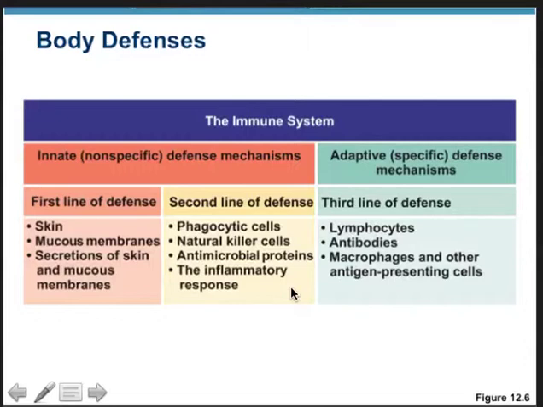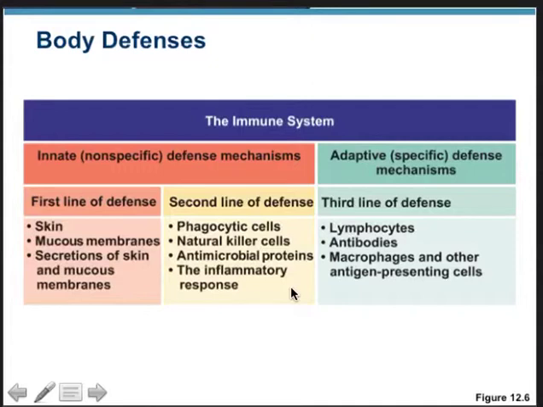The nice thing about each of these lines of defense is that they don't share a weak spot. They're all different types of systems, so the likelihood that a single pathogen is going to be able to penetrate all three lines of defense is relatively remote. If they all used the same mechanism to defend us against disease, the likelihood that they would be penetrated would be much higher. So it's nice to have these three methods of keeping us disease free all operating at the same time.